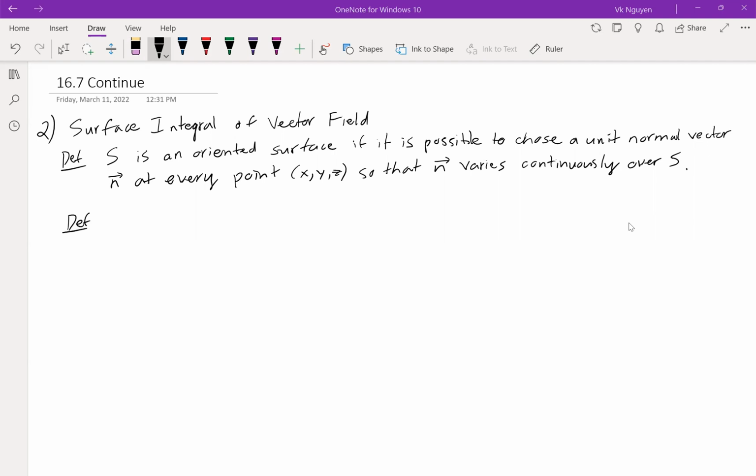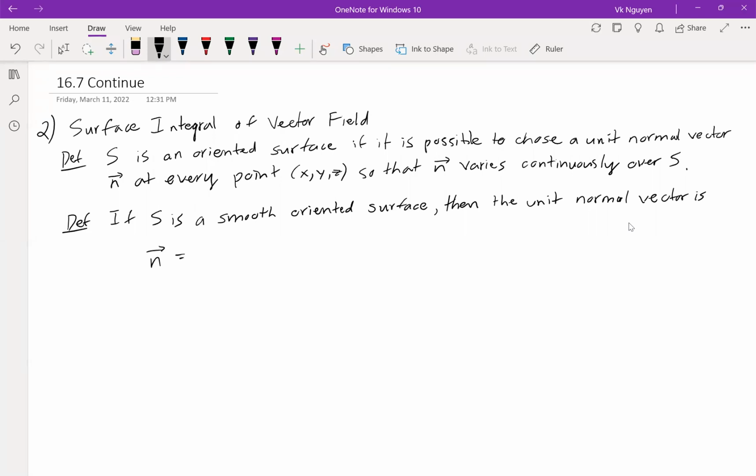If S is a smooth oriented surface, then the unit normal vector n is, well, most of you know how to get the normal vector from Math 1C.